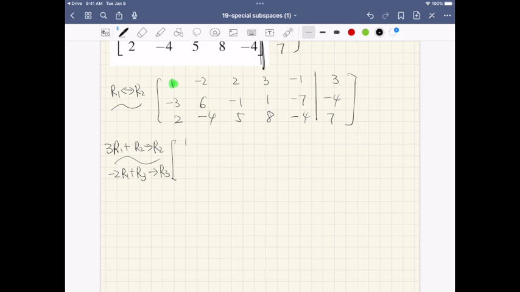Then the first row will be unchanged, and this is 0, 0, 5, 10, negative 10, 5.